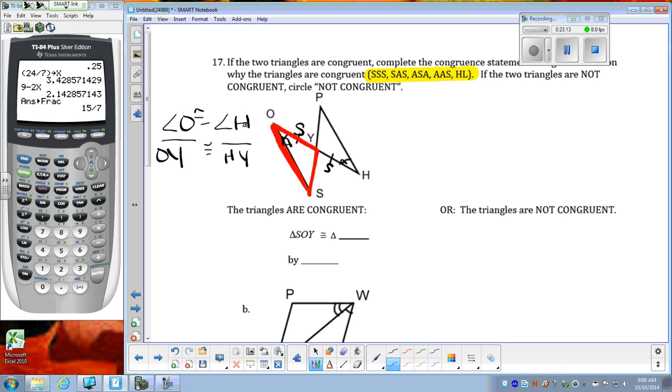And I also have these vertical angles here, so I know that angle OYS is congruent to angle HYP. So these are an angle. I know that these two triangles are congruent by angle, side, angle. And so SOY is congruent to PHY.